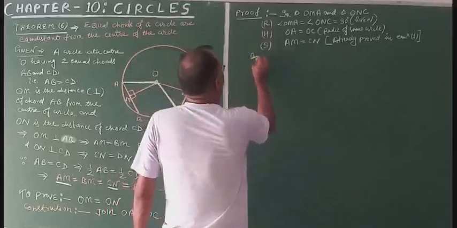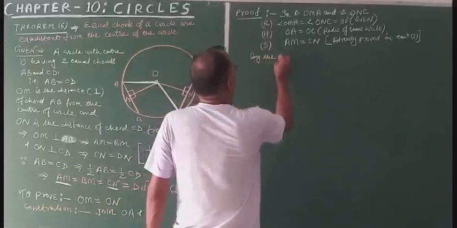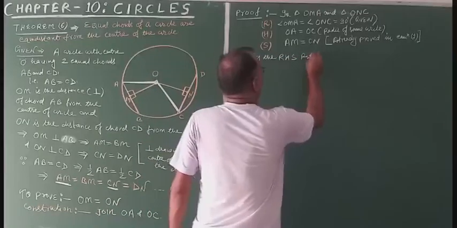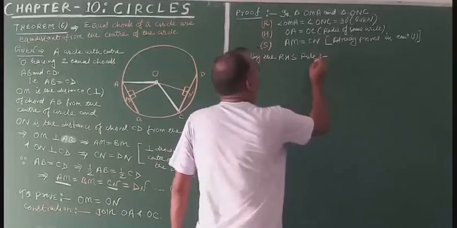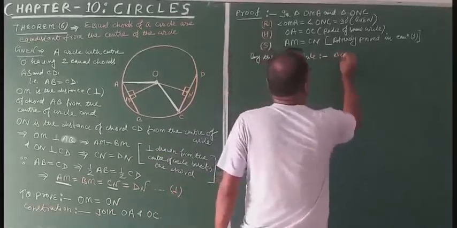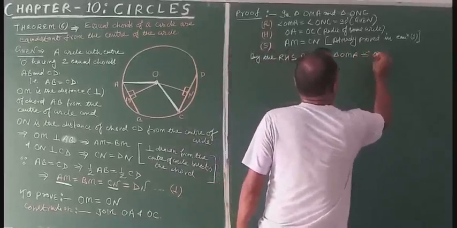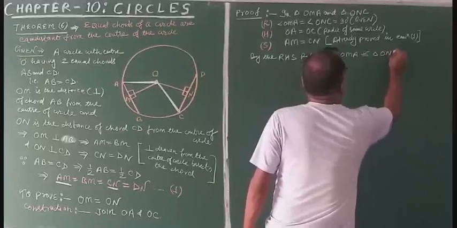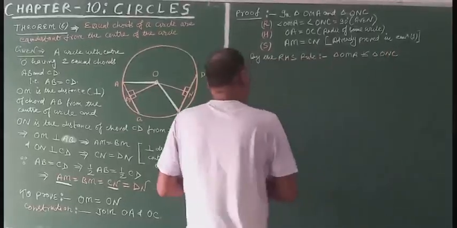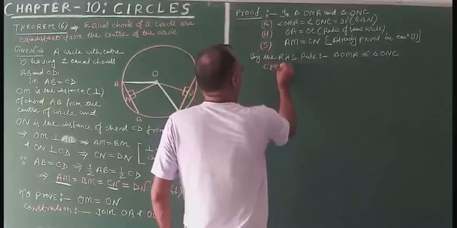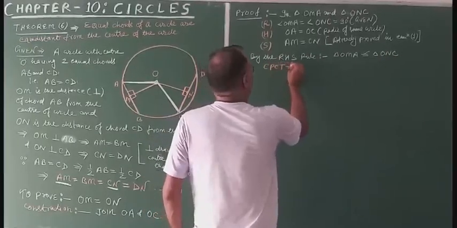So by the RHS congruency rule, triangle OMA is congruent to triangle ONC, and when you will use this CPCT, what we will get?